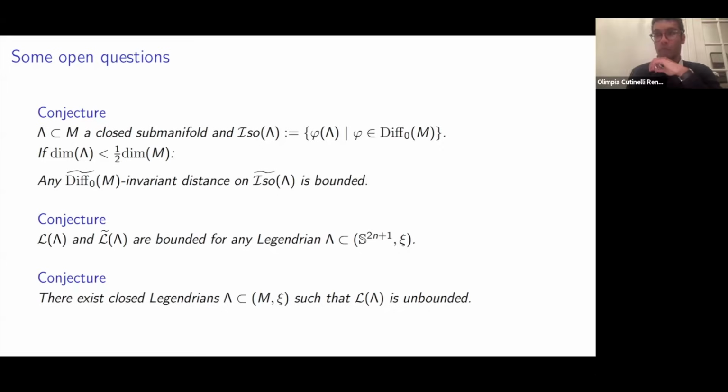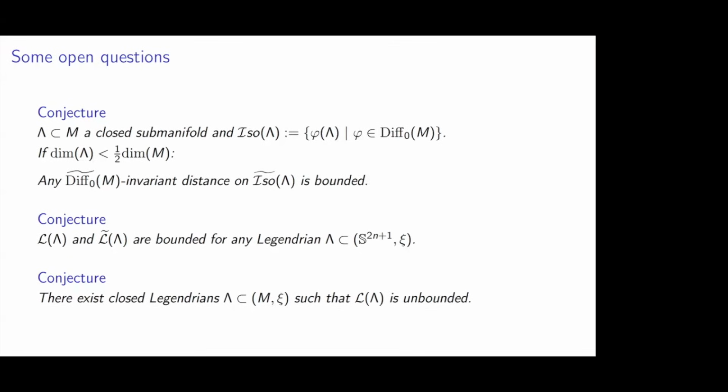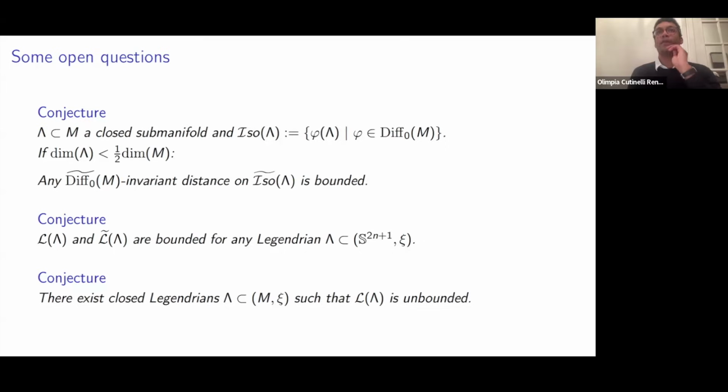And I think that if one looks into the methods that are used there, then one might be able to show something about invariant distances as well. I think so too. Okay, thank you, Igor.